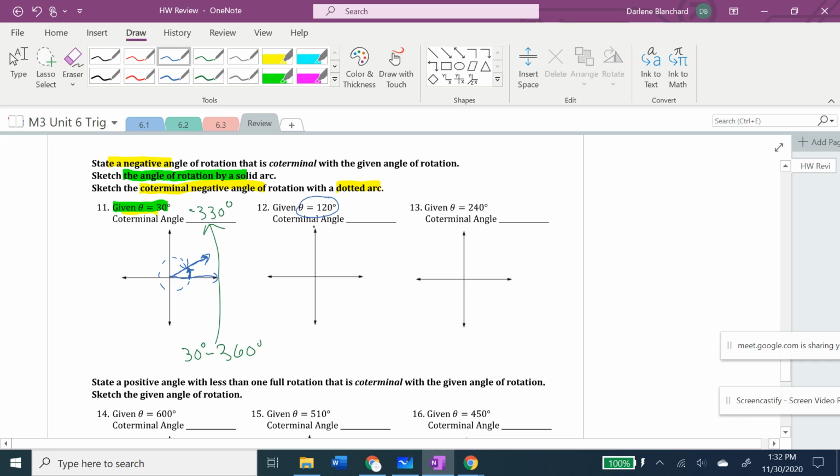So remember that quadrant 1 is where it does 0 to 90 degrees. Quadrant 2 is where it does 90 to 180 degrees. Now, where is 120?